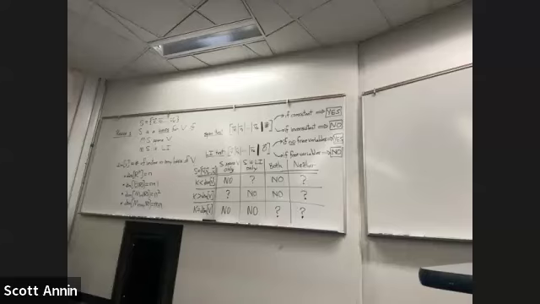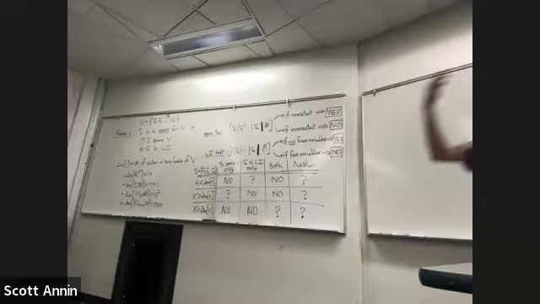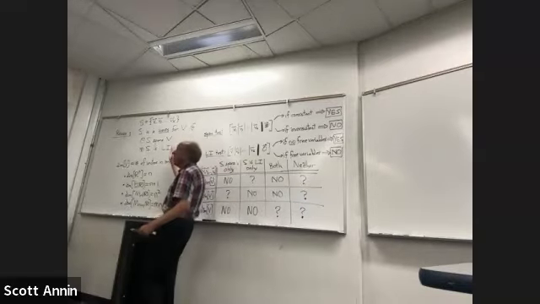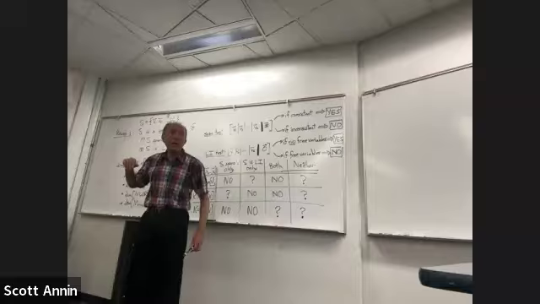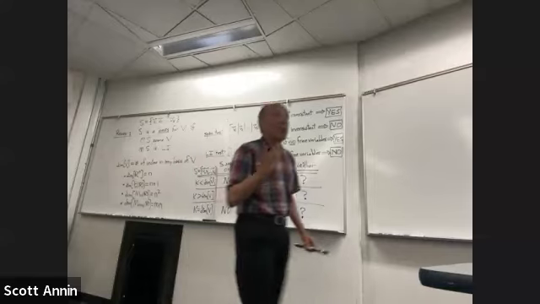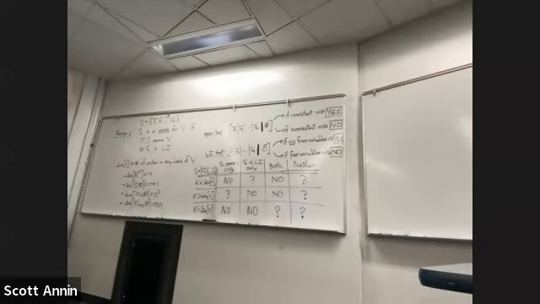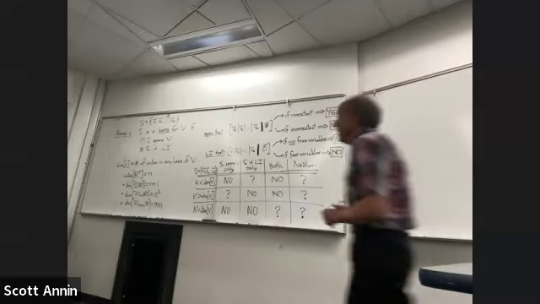Those vectors need to be cheap, not redundant on each other. So we're looking for an efficient, cheap set of vectors that spans our vector space. If we have that, we call it a basis for that vector space. Really important idea.